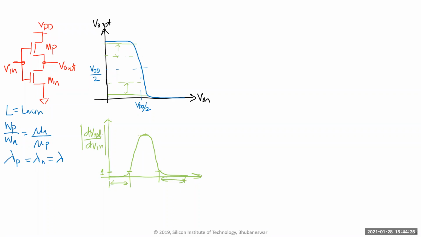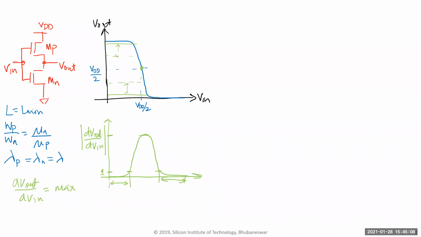Right here, because that's where dV out over dV in is maximum, because I'm trying to use it as an amplifier, which means I want dV out over dV in to be whatever maximum I can get out of this device. Which is basically this point here, the transition point when V in equals V out, right? So that's where I want to use the amplifier, because if I give a small input, I get a large output. And that's my goal of using this as an amplifier, right?